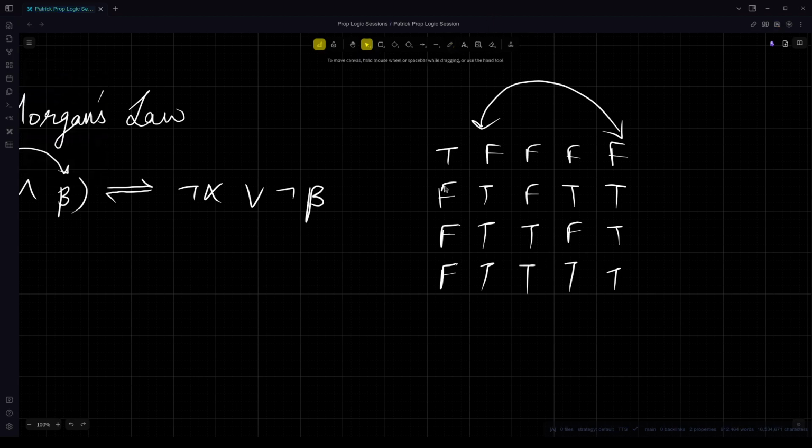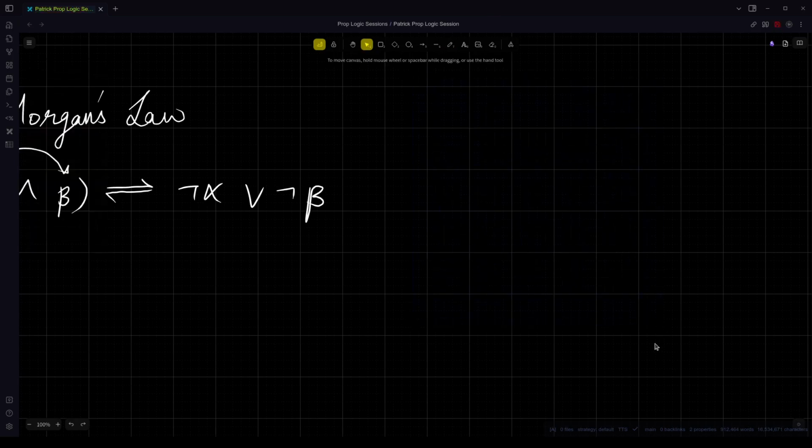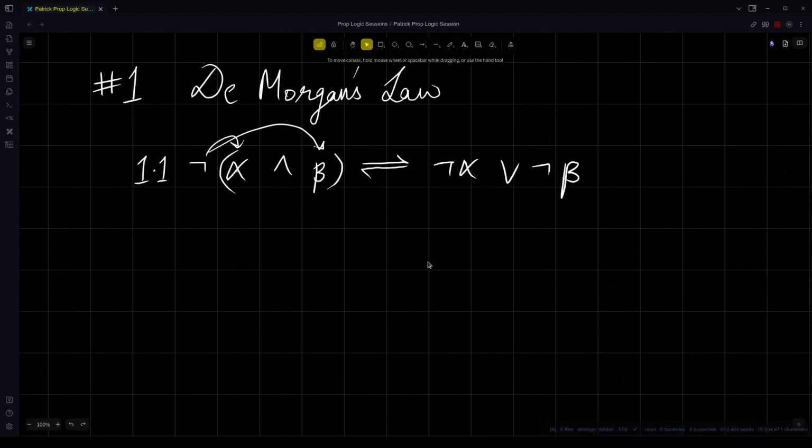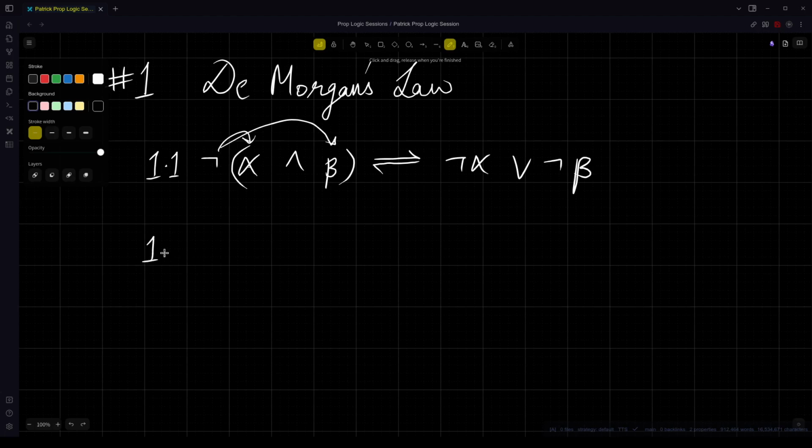You can also do it yourself at this point, but that's how it works. That's De Morgan's law, the first one of De Morgan's law. There's also a second one. Can you guess what it is? Is it going to be the negation of alpha or beta?